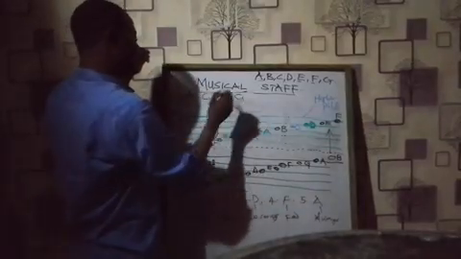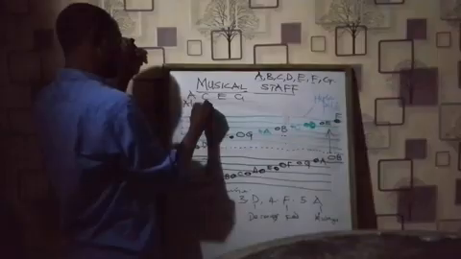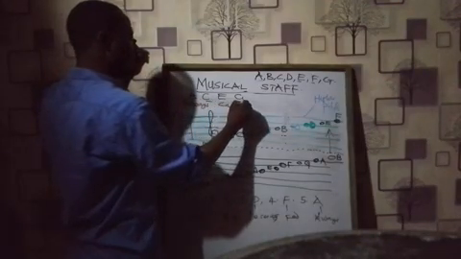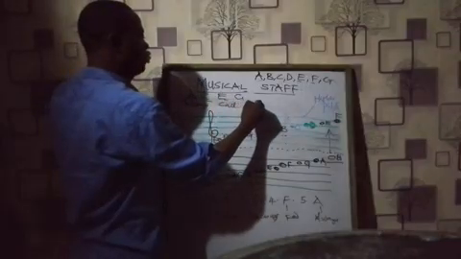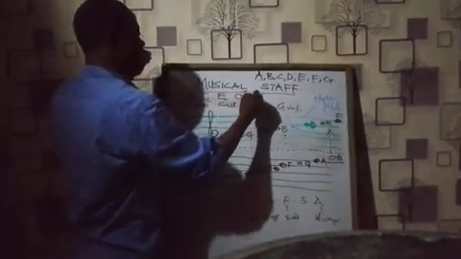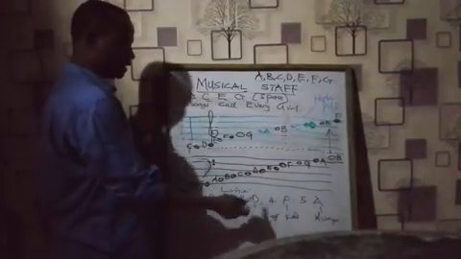You have G. So you can just say always call every girl. So you can use that to remember the keys on the space in this bass clef.